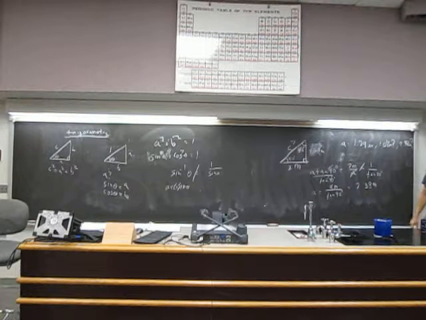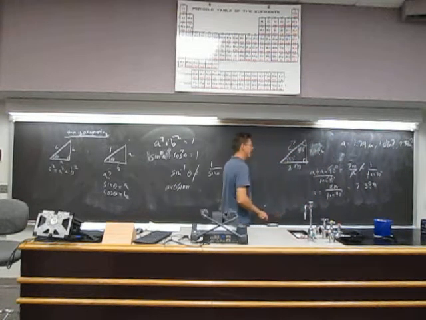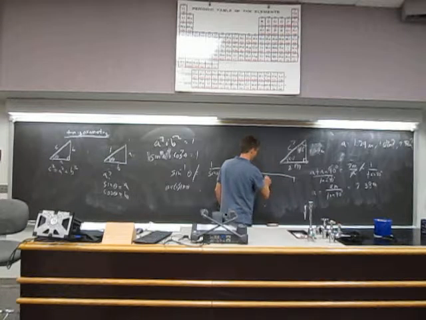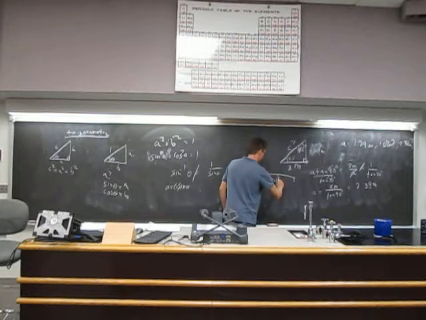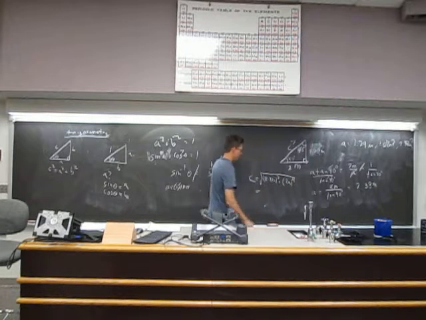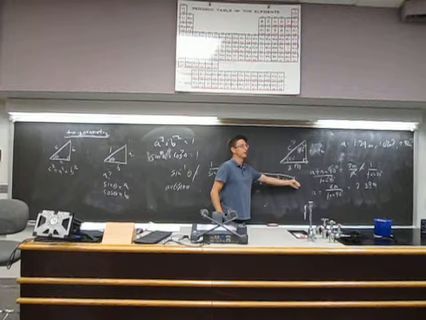So there's a whole bunch of ways to get C. I'm just going to do the Pythagorean theorem and say that C is going to be equal to the square root of A squared plus 2 meters squared. And I could just evaluate these numbers and remember the unit is going to be meters.